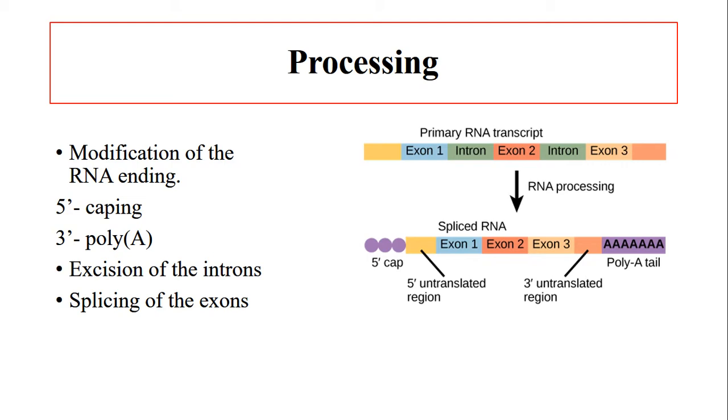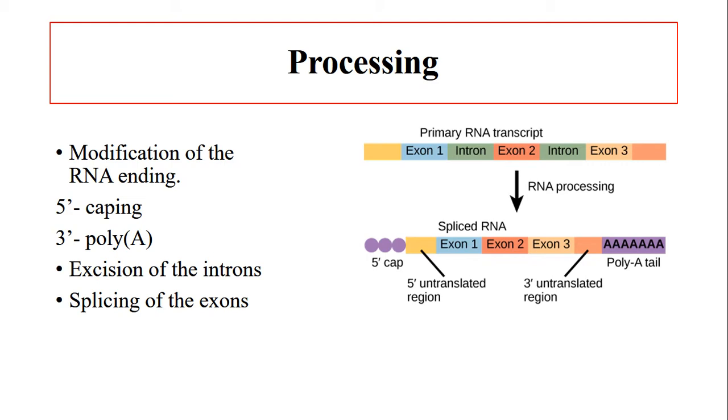There are 3 key steps within post-transcriptional modification. Addition of a 5' cap to the 5' end of the pre-mRNA molecule. Addition of a poly A tail to the free end of the pre-mRNA molecule. And the last, removal of introns via RNA splicing.